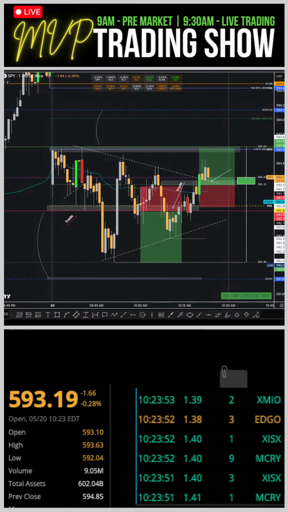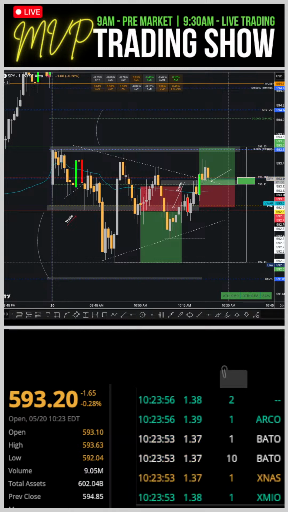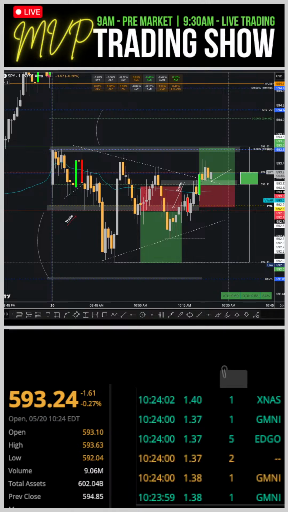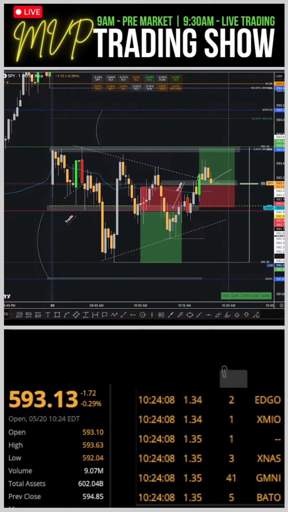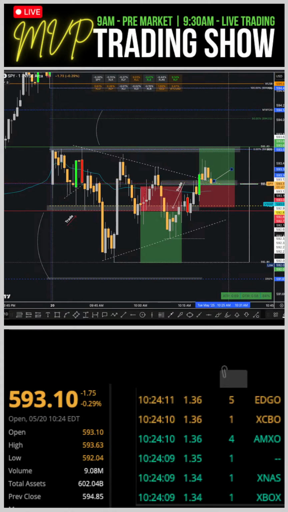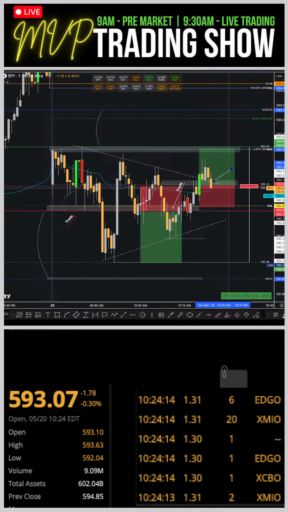See if you get that retest there. Come a little lower. What I'm primarily paying attention to is if we can get that VWAP 2 to be held, because this can easily be a trap. That can easily be a trap. So I want that VWAP 2 to be held.